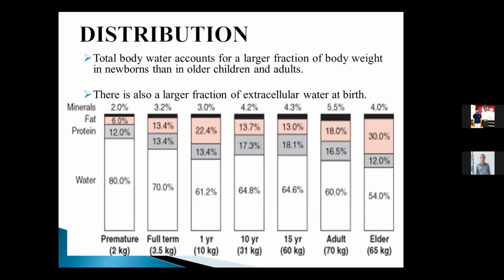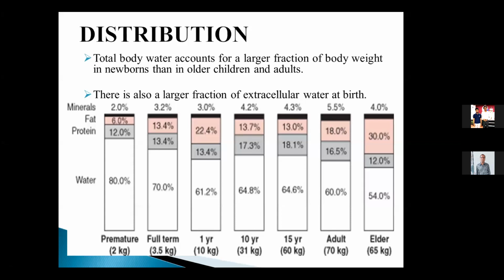Here is how much fat, protein, and water is in the body for premature, full term, 1 year, and 10 years. For the premature baby, 2 kg: fat is 2%, mineral is 2%, protein is 12%, and water is 80%.